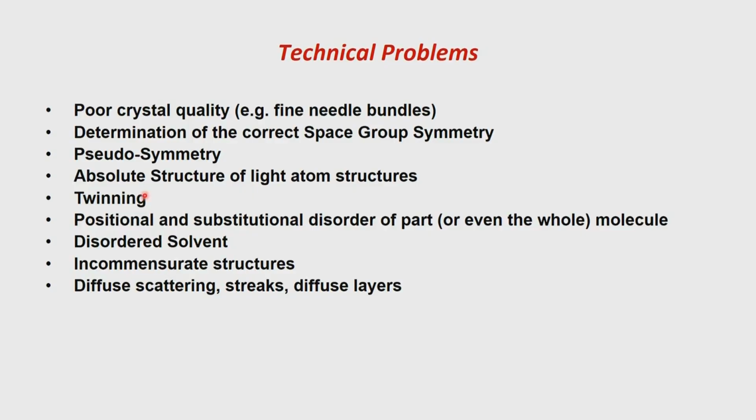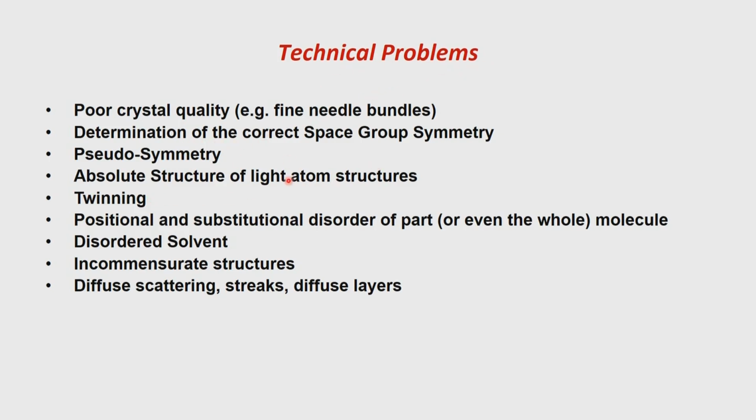All these problems cause the nature of the diffraction to be different, because diffraction will be coming from both these crystals, and those two crystals are joined to one another in some fashion. Unless we know in what fashion they are joined, we will not be able to understand and appreciate the analysis of the data which comes from that. So, twinning is not a virtue, it is a curse, it is a technical problem.